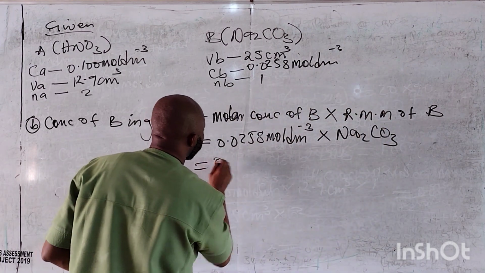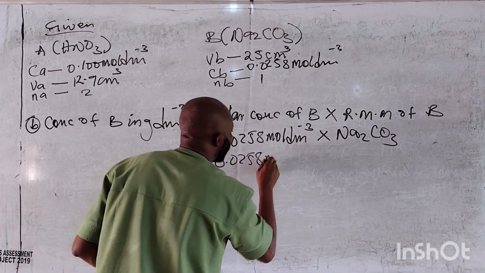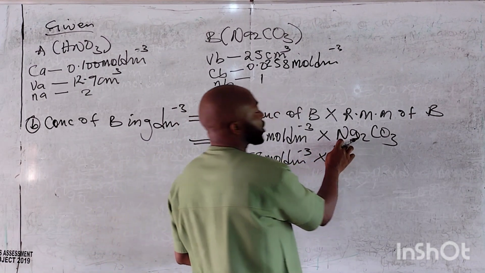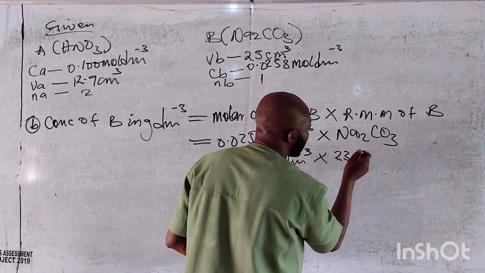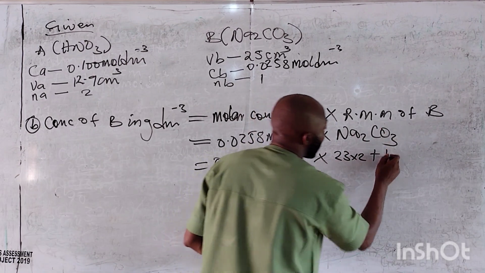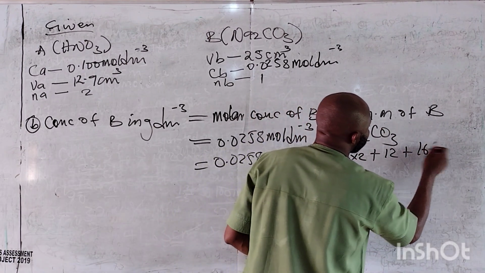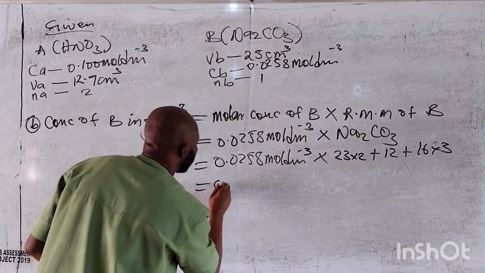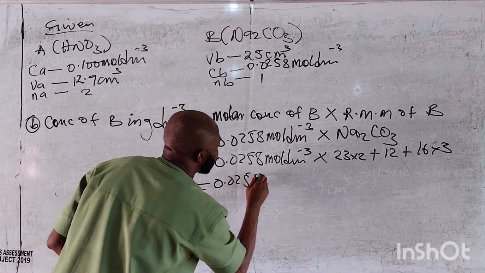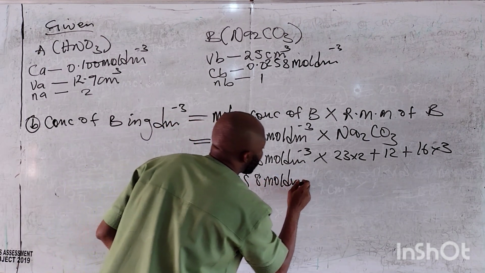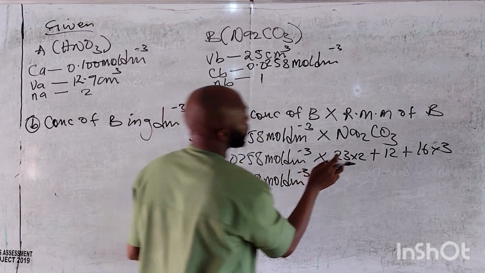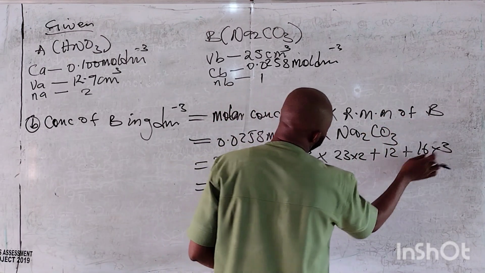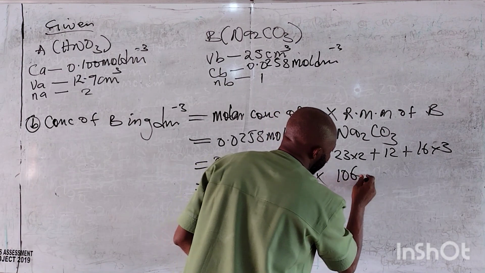So 0.0258 mole per dm cube times sodium atomic mass 23 times 2 is 46, plus carbon 12, plus oxygen 16 times 3 is 48, which gives you 106 g per mole.